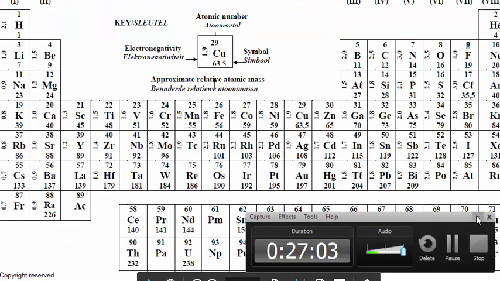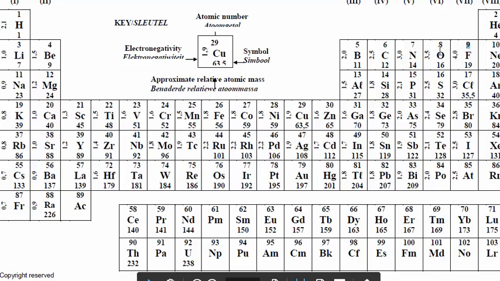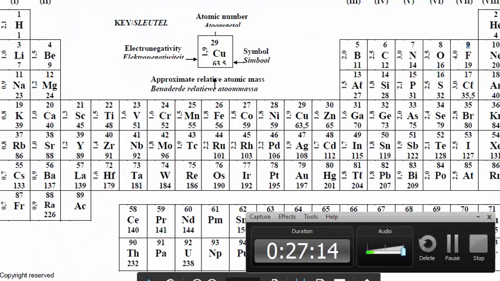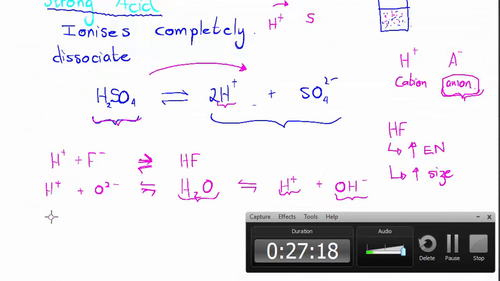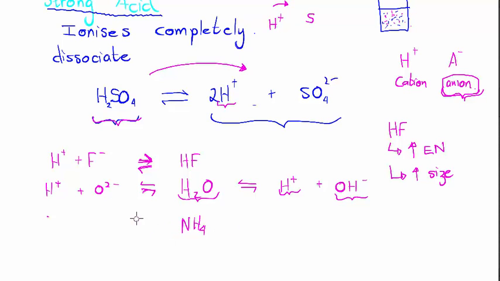Now if we check hydrogen and nitrogen, hydrogen and nitrogen would be NH4.